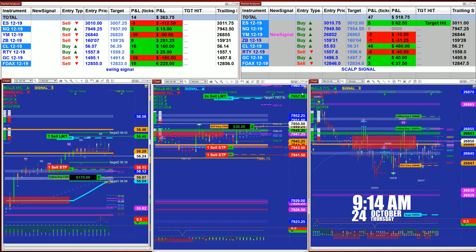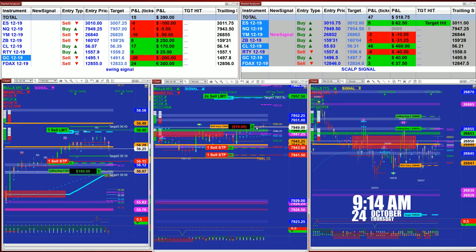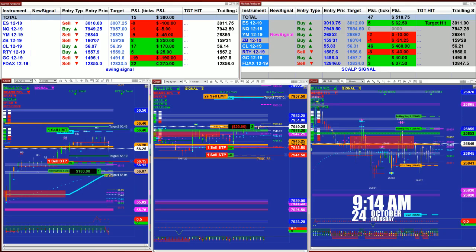But it is a problem at 51 and a problem at 52.25, which the signal is right below the double resistance, and that is going to be a problem for the Nasdaq to cross double resistance at the same time. Especially right now it's 9:14, so you got to be very careful with the signal.